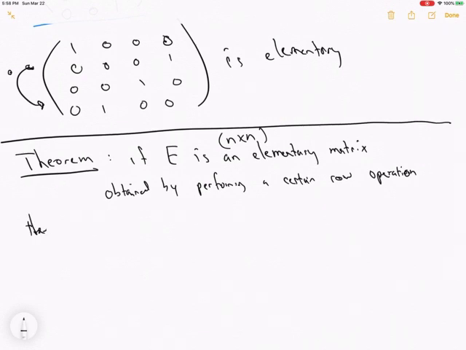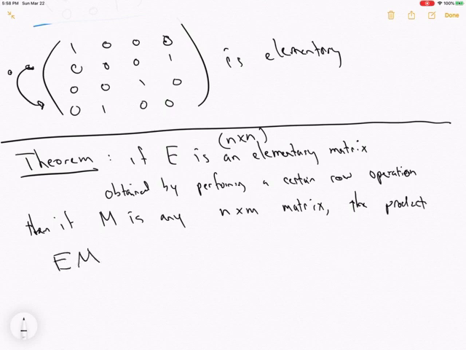Then if M is any, say, n by m matrix, the product E times M, this is the matrix multiplication, is defined. We're allowed to multiply because E is n by n and M is n by m, so these two n's match.